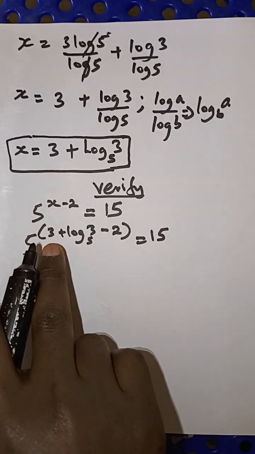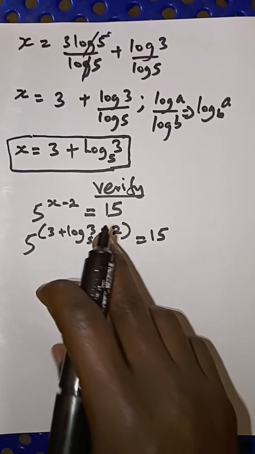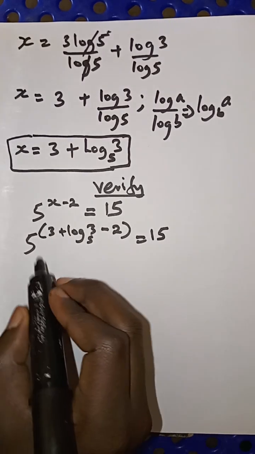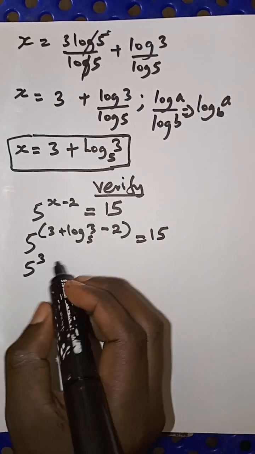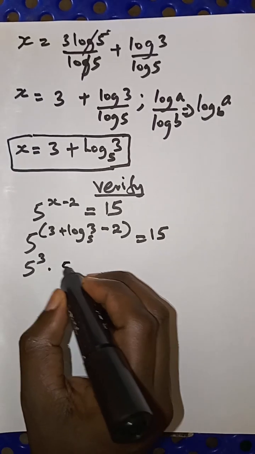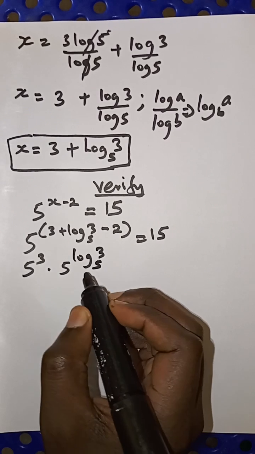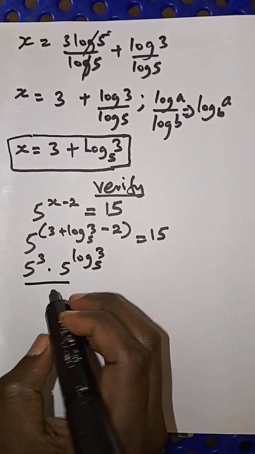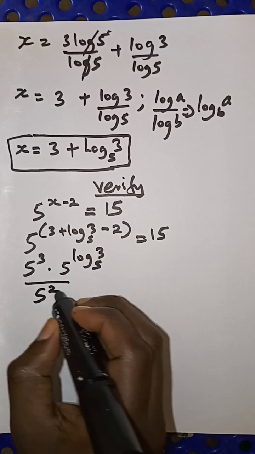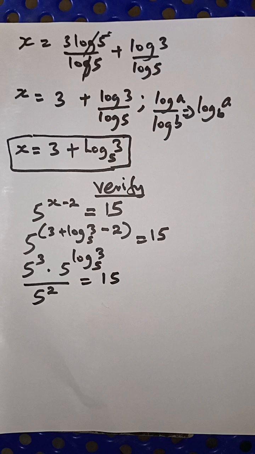Here the powers are added and at the same time subtracted. Opening that bracket, I'm going to end up with 5 raised to power 3 multiplied by 5 raised to the log of 3 base 5, and then this subtraction means dividing by 5 raised to 2. You want to see if it's going to give us 15.